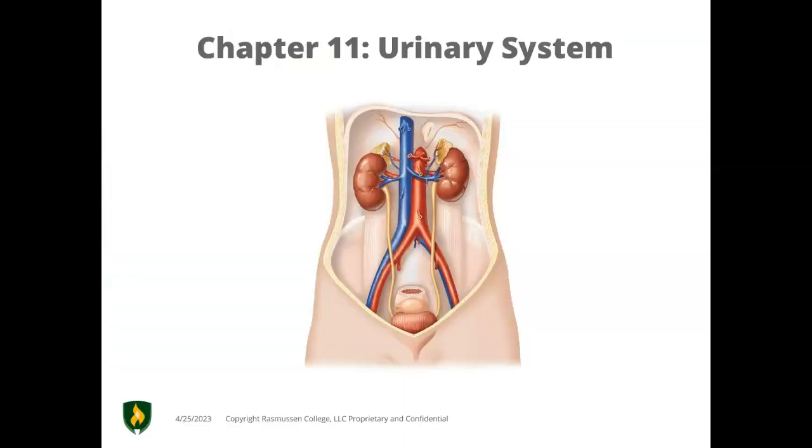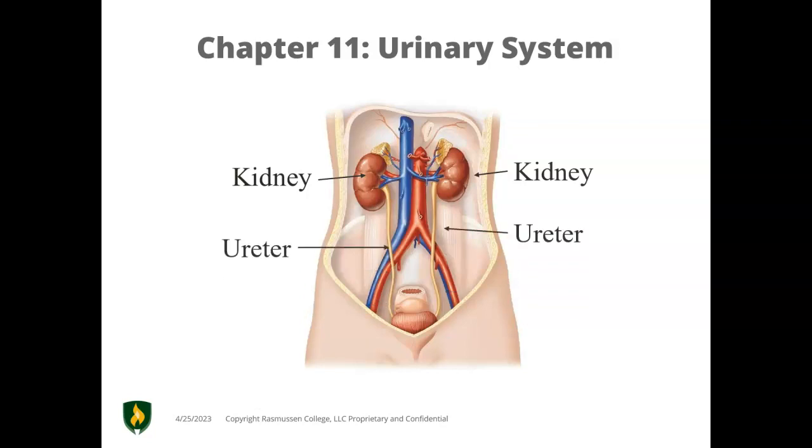So we're going to start off with Chapter 11, and Chapter 11 is reviewing the urinary system. Now, the urinary system does consist of 2 kidneys, 2 ureters, a urinary bladder, and the urethra.